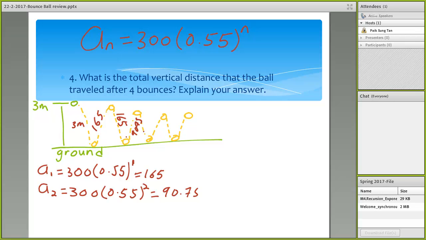It's not enough room to write all of them, for this side and this side. Bounce 2. And then you calculate bounce 3 the same way.